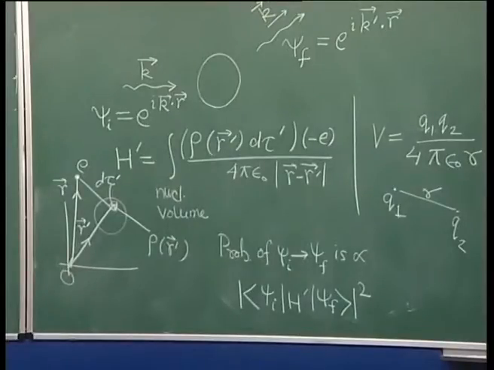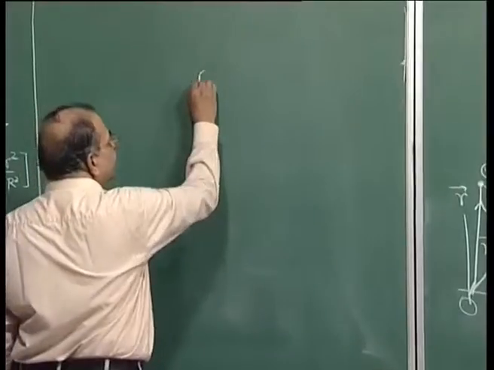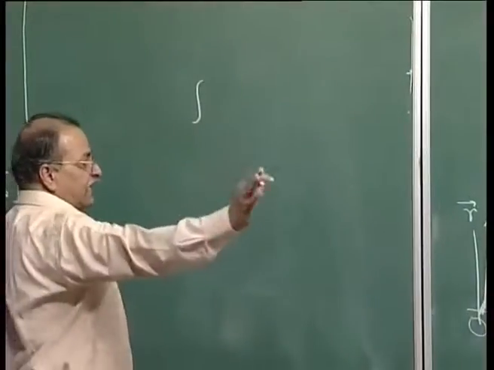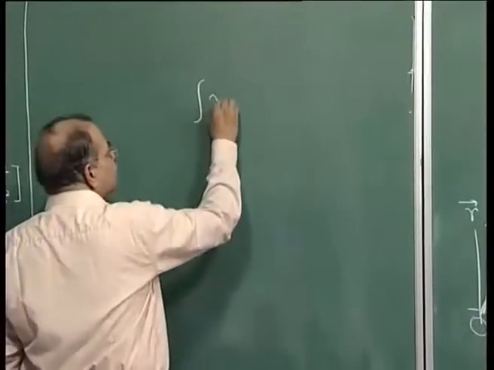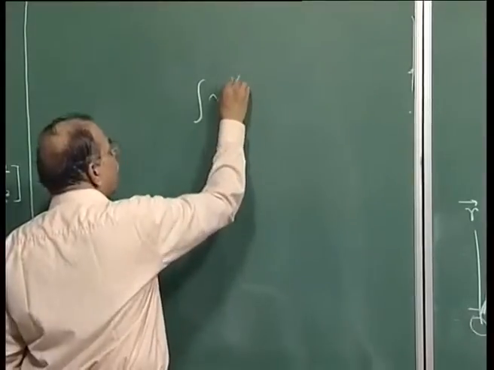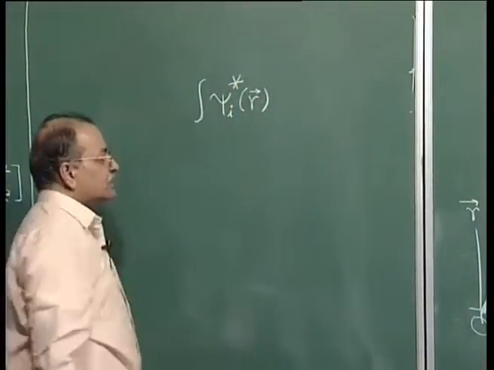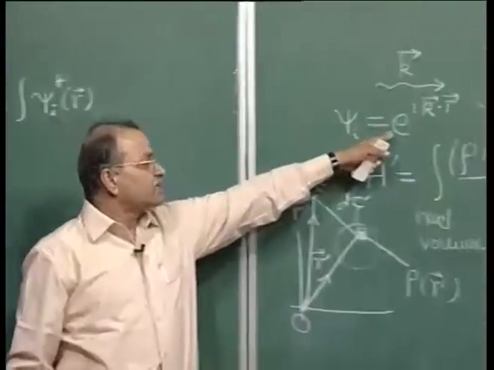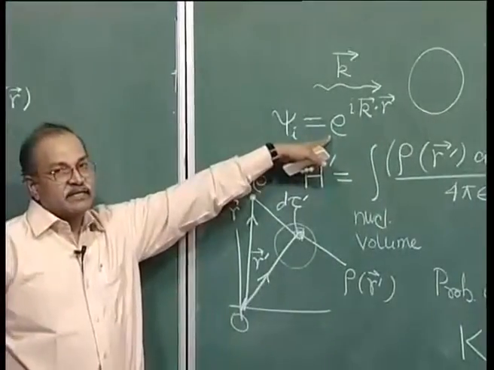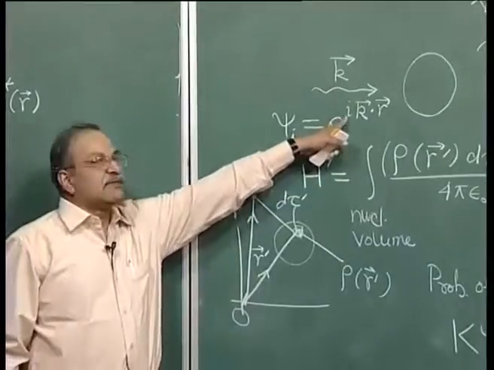This integration is integration over the entire space and the first psi i star complex conjugated. This star is for complex conjugated. So, psi i, the initial wave function complex conjugated, that means this i becomes minus i.